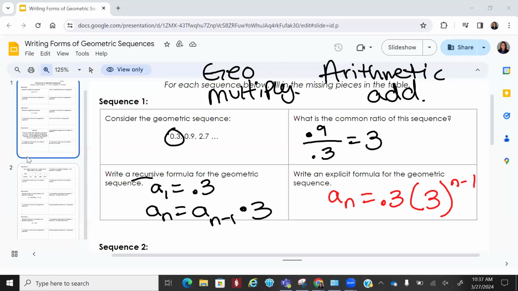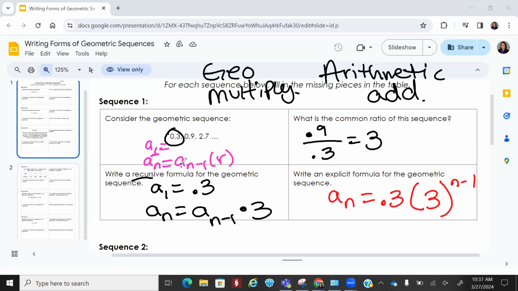So in the formula for your recursive, we say a sub 1 equals, and then a sub n equals a sub n minus 1 times r. A sub 1 is your first term. A sub n is just representing whatever term we want to look for. A sub n minus 1 represents the previous term, and you're going to take the previous term and multiply it times your rate.